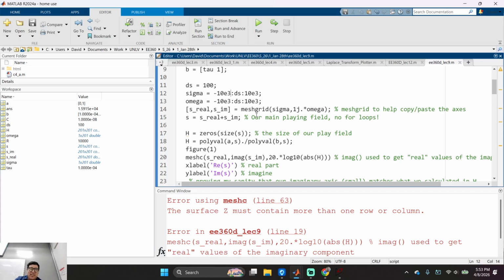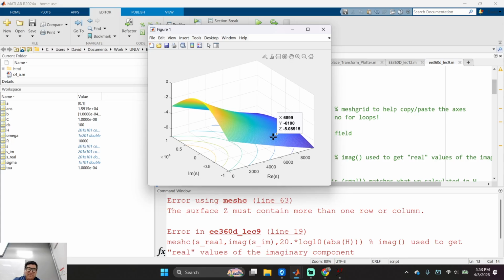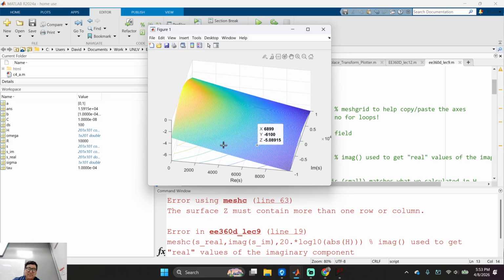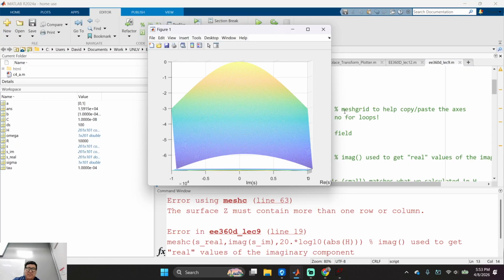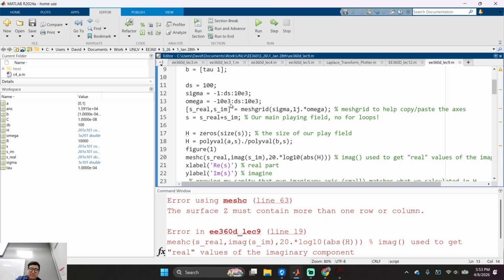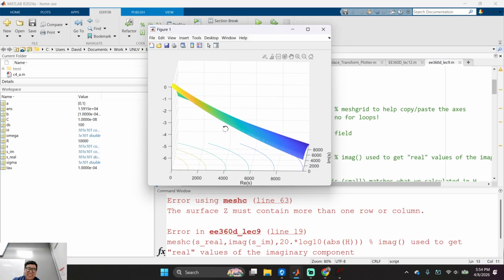Sigma, let's get rid of sigma. 1. Let's look at omega, okay? Now look at that. Is that looking like an RC filter? Not yet. Let me show you. Is that an RC filter?